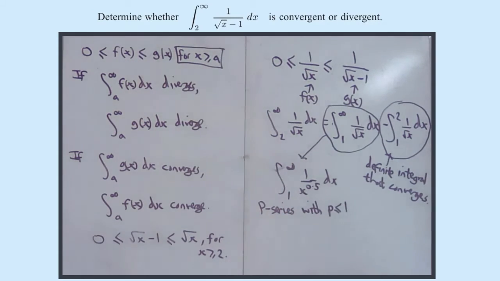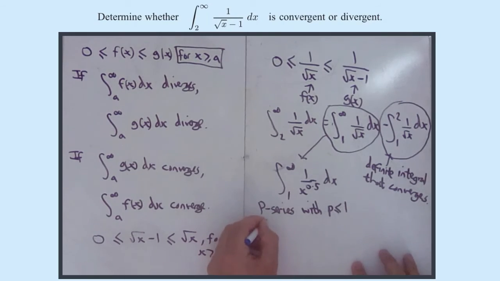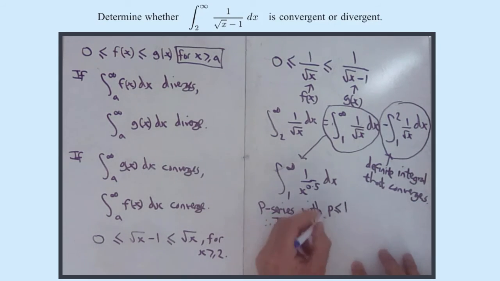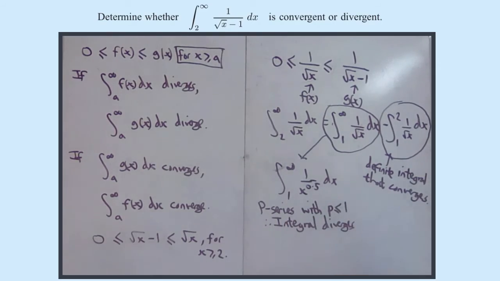And when you get a p-series with p less than or equal to 1, that means the integral diverges. So if this part of the integral diverges, then the whole integral diverges.